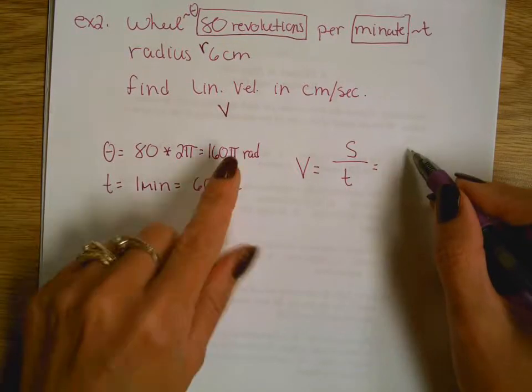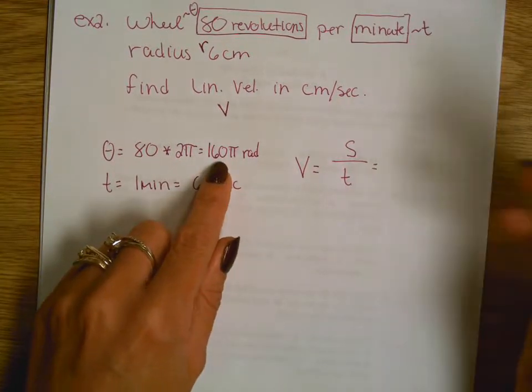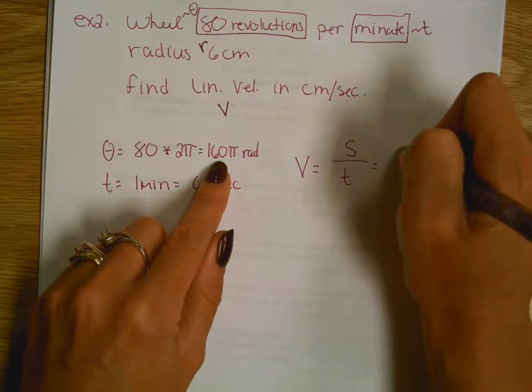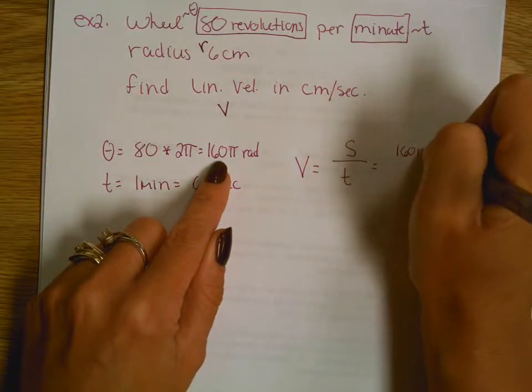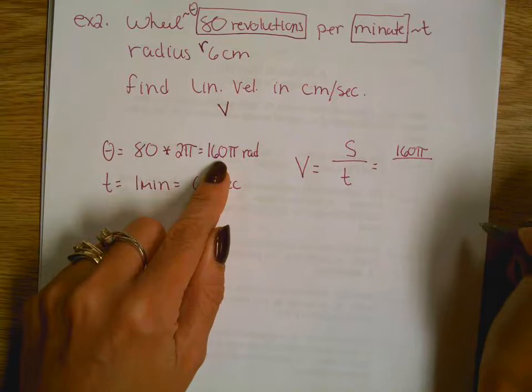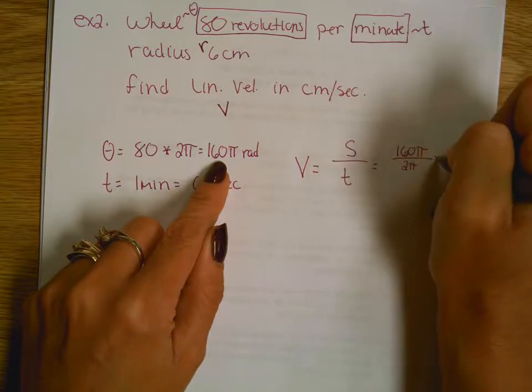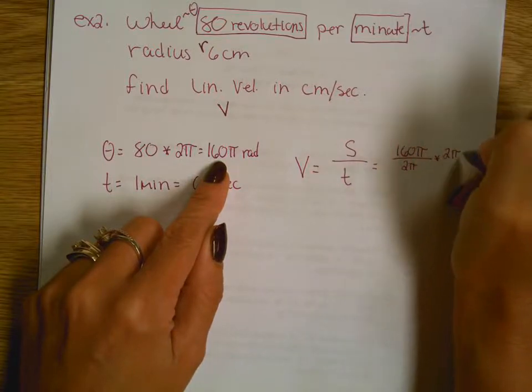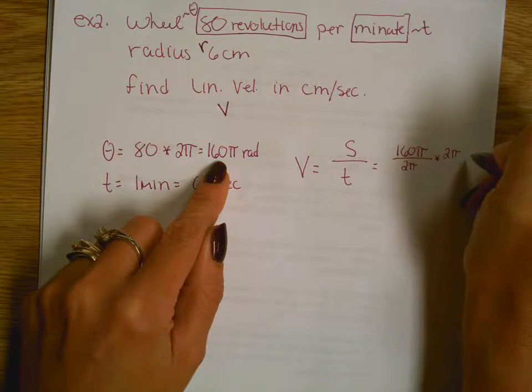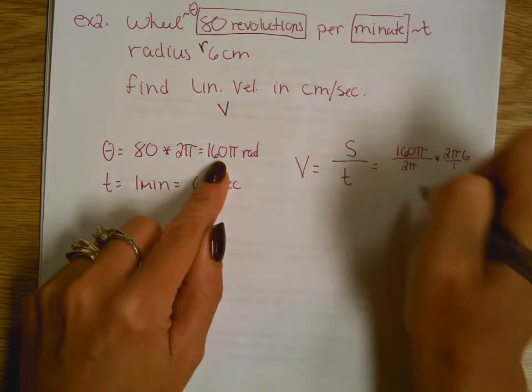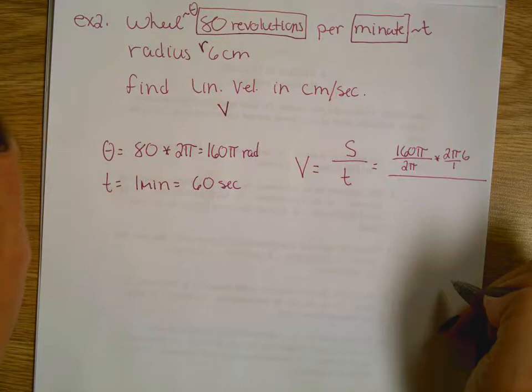So arc length is the fraction of our circle times circumference divided by our time value. The fraction of our circle is, it's not really a fraction, it's multiple circles. 160 pi divided by, what do I divide by to get what fraction of a circle? 2 pi. Then we multiply by circumference, 2 pi r. R was 6. And we got to divide all this by our time.